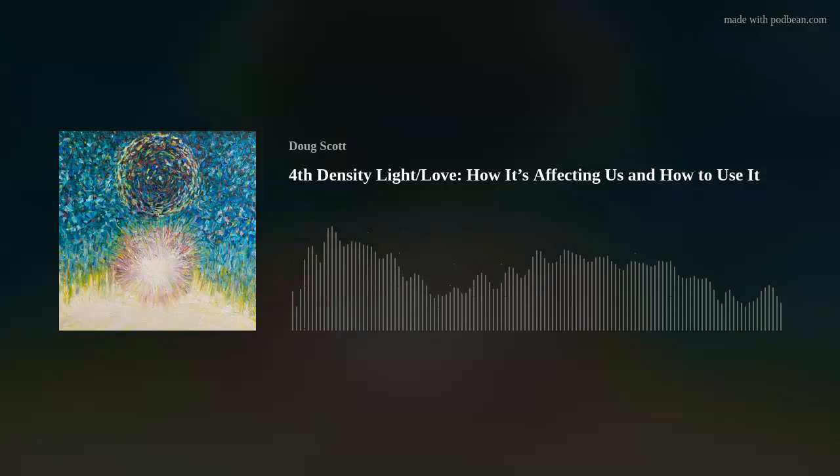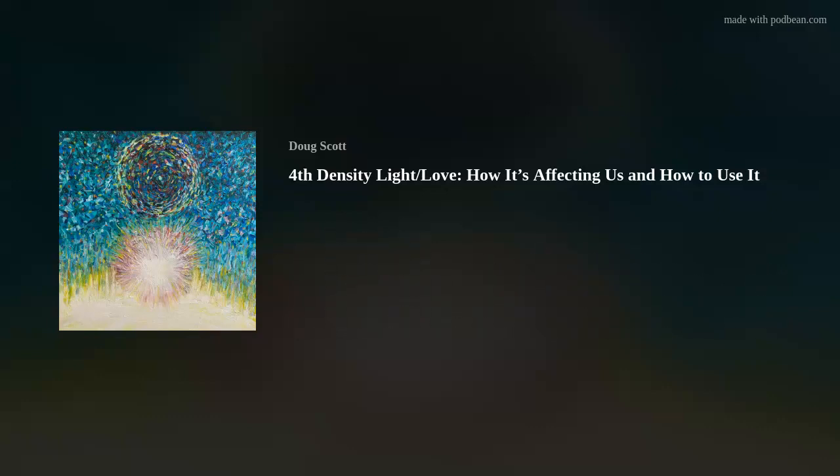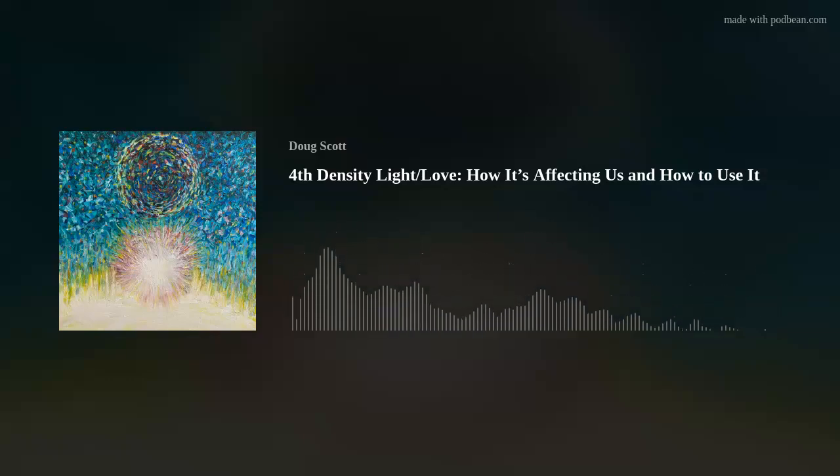We carry this ability to move into fourth density already somewhere in our DNA, and it's being activated now. So that was neat to see that in the raw material.